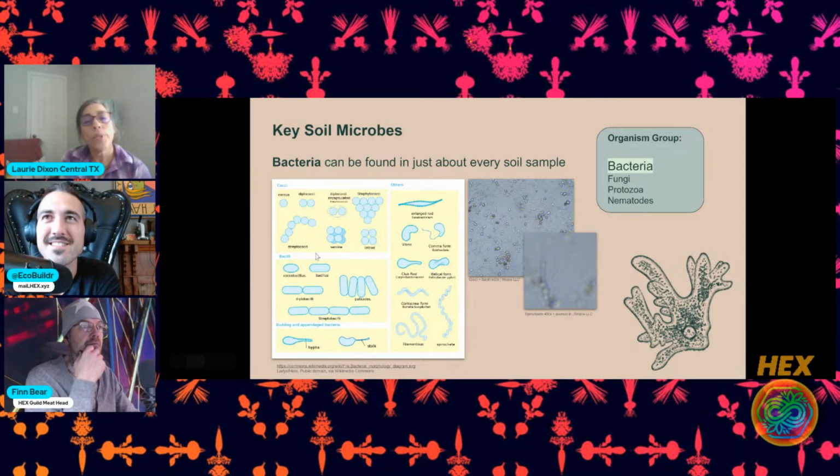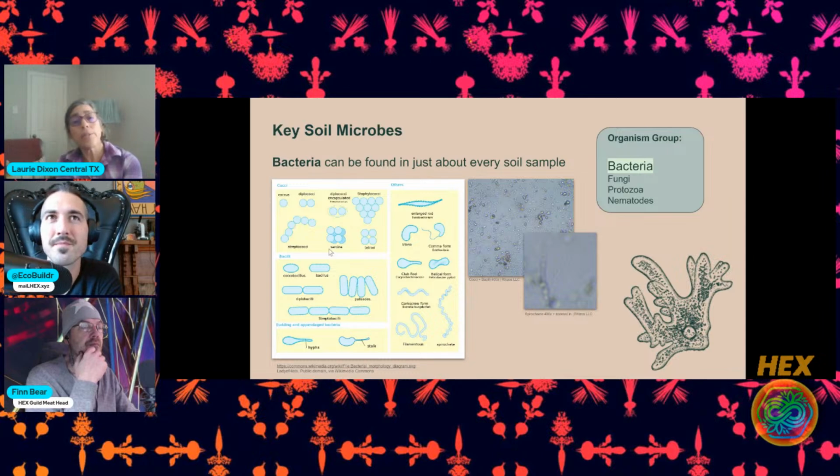When we're looking at bacteria, some bacteria are aerobic. They live in an aerobic environment and need oxygen. You have to have at least 6 parts per million oxygen for them to survive. Then some bacteria are facultative. They can kind of shift.